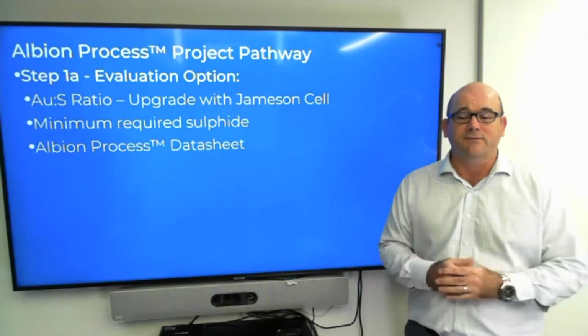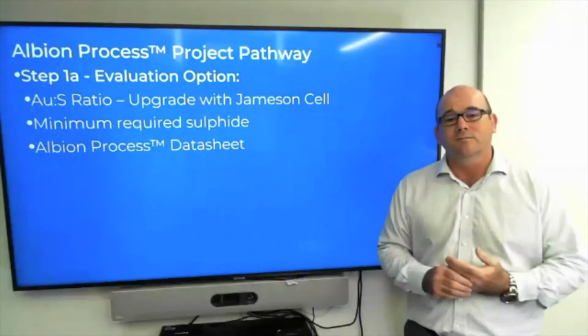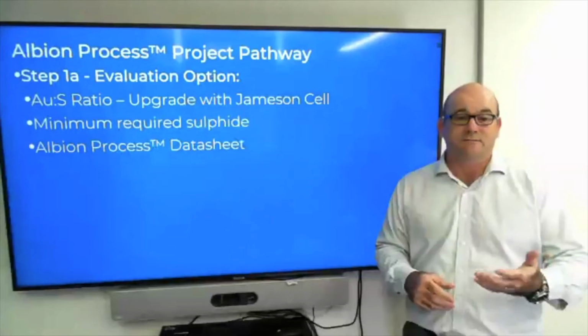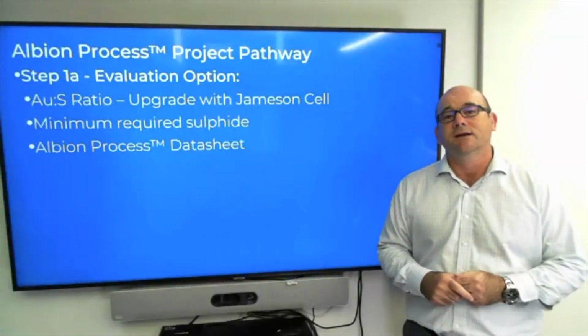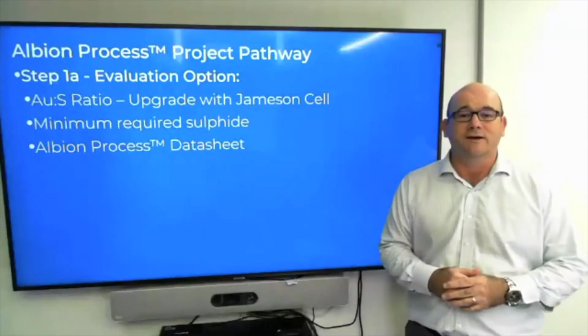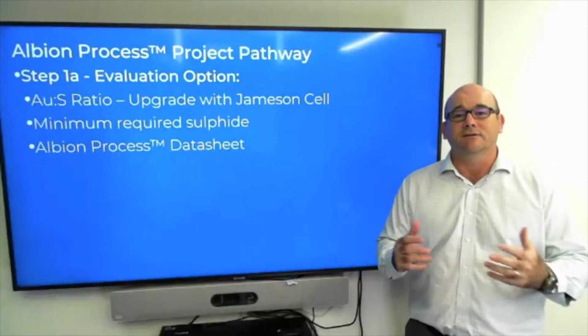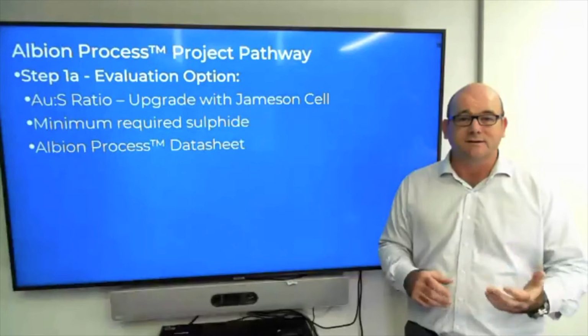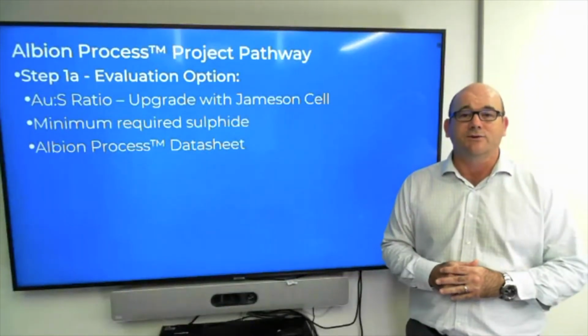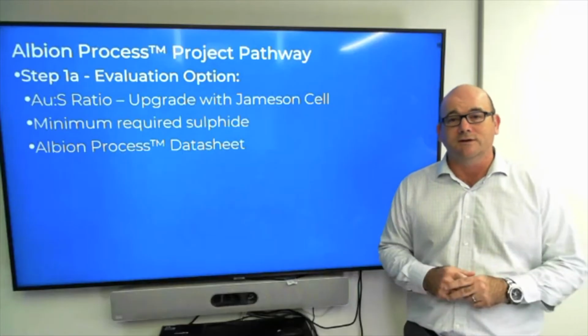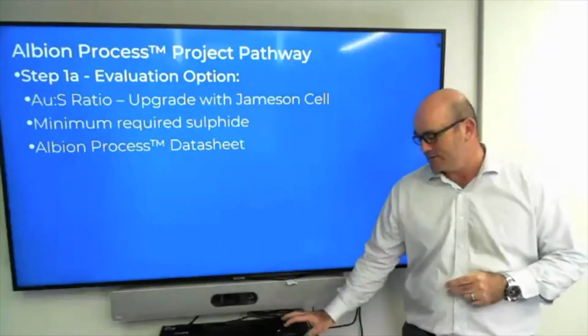So if you have something like that, then we would ask you to basically get in contact with us, and we could fill out our process data sheet, and then from that we could use our database materials to have a look at that project and give you an indication of whether we think it would be suitable, and even go through to getting a very high level capital and operating costs.